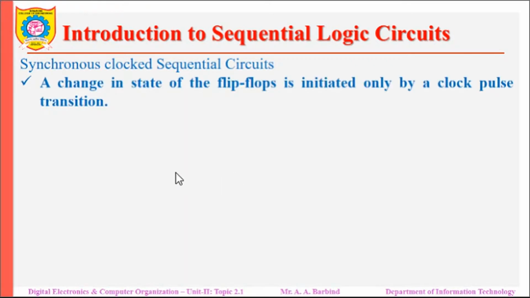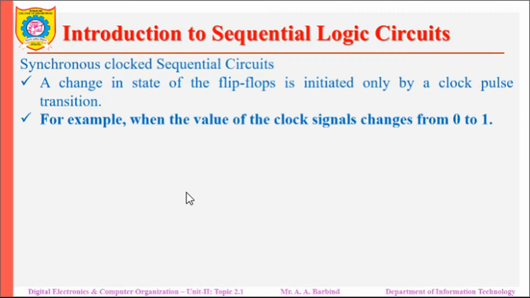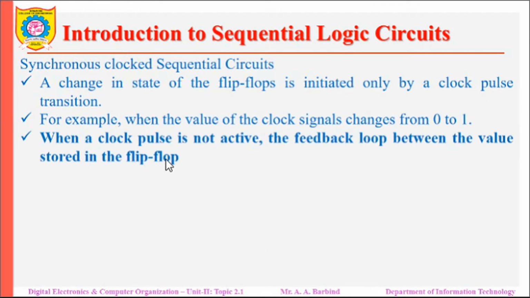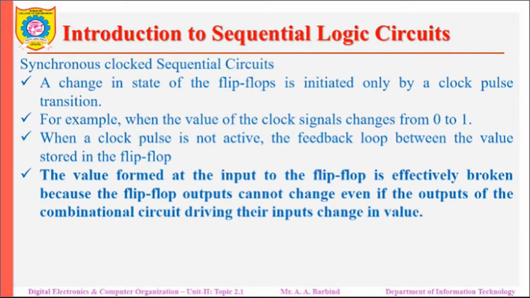A change in the state of the flip-flop is initiated only by a clock transition, for example, when the value of the clock signal changes from 0 to 1. When the clock pulse is not active, the flip-flop holds the value stored in it, so it does not change its state.